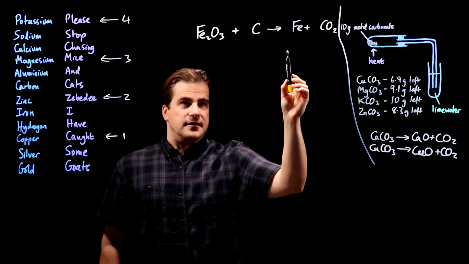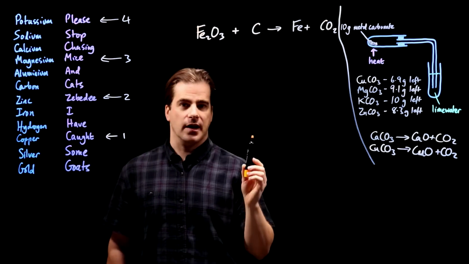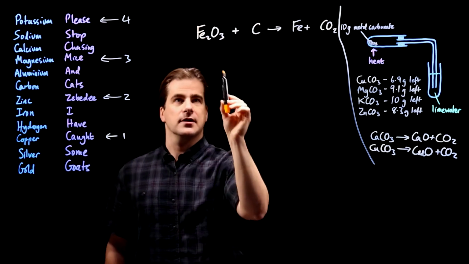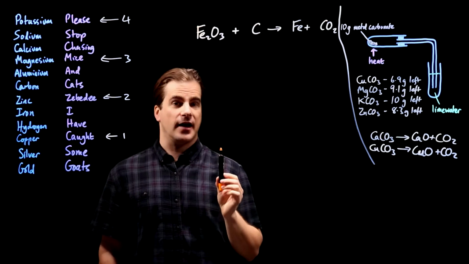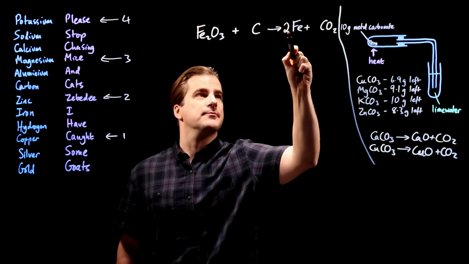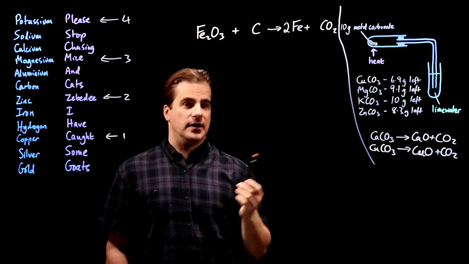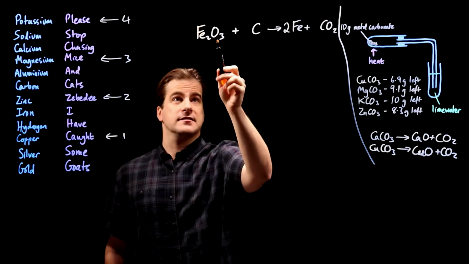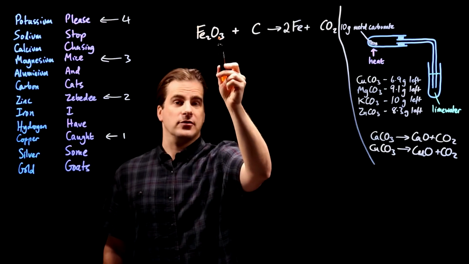Now we've got to balance it. So let's start with the first one, iron. There's 2 irons on the left, so let's try putting a 2 there. Well, now the irons are balanced, so let's go back to the beginning and see about the oxygens.